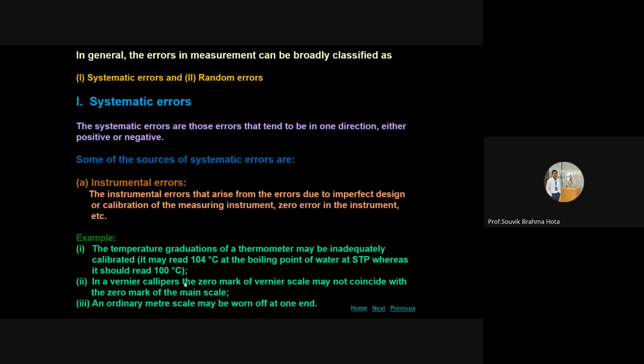An ordinary meter scale may be worn off at one end. A meter scale, if it is made of wood or metal, has wear and tear, so due to the wearing it might not have the original length of 1 meter, and due to that also error can occur.